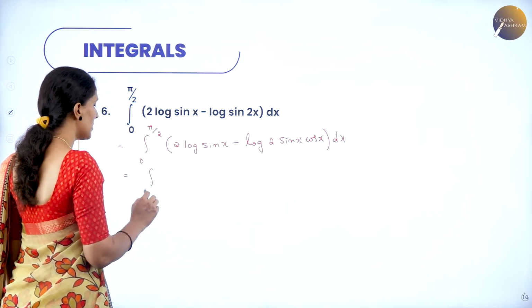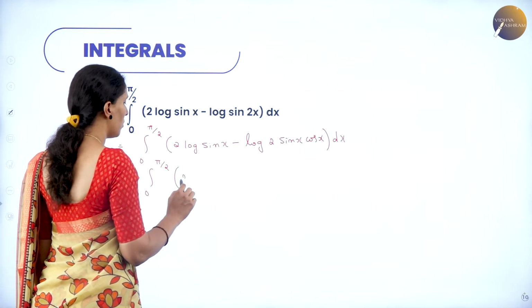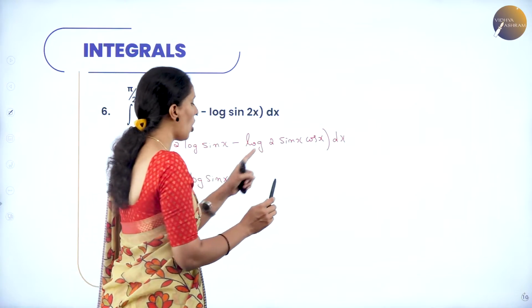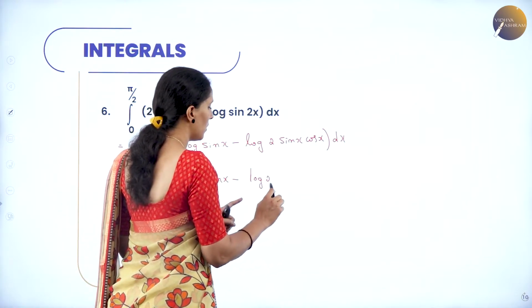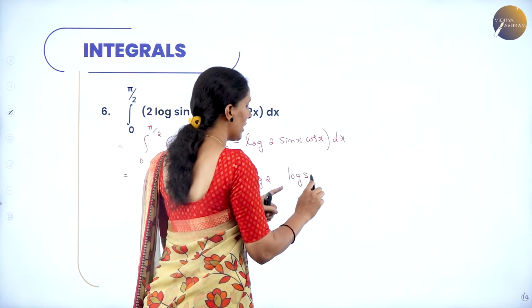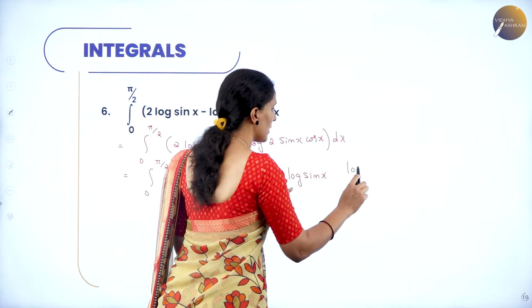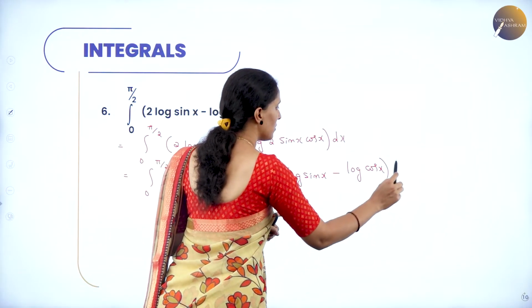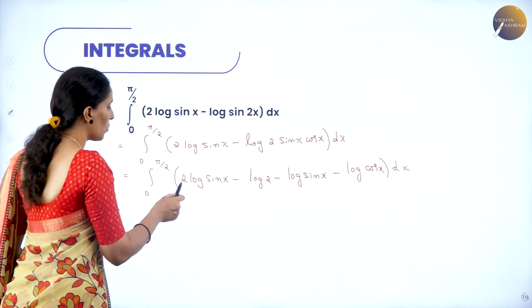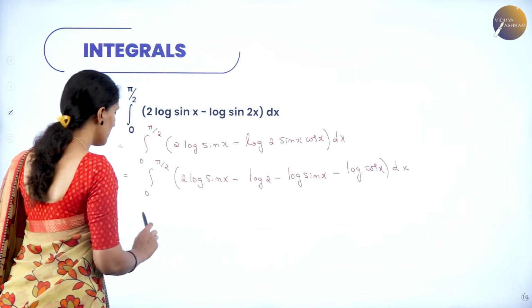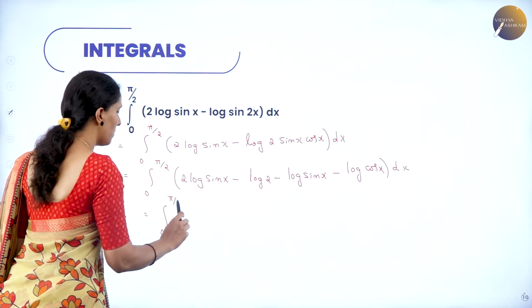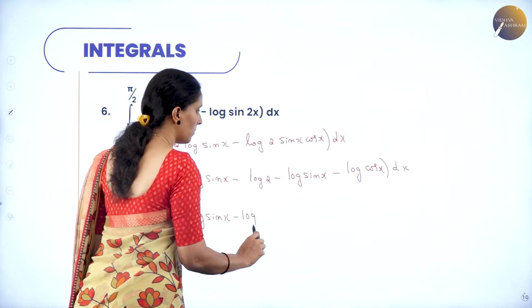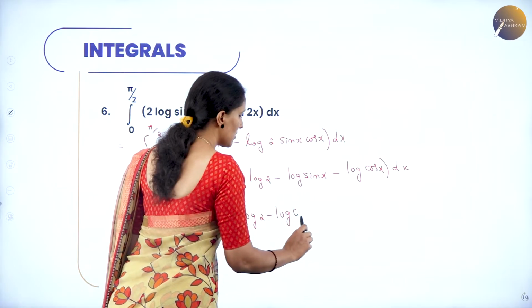So then it becomes the integral from 0 to pi by 2 of 2 log sin x minus, so this is log 2 plus log sin x plus log cos x. Now since outside you have a negative, these 3 become negative, with respect to dx. 2 log sin x minus log sin x becomes the integral from 0 to pi by 2 of log sin x minus log 2 minus log cos x dx.